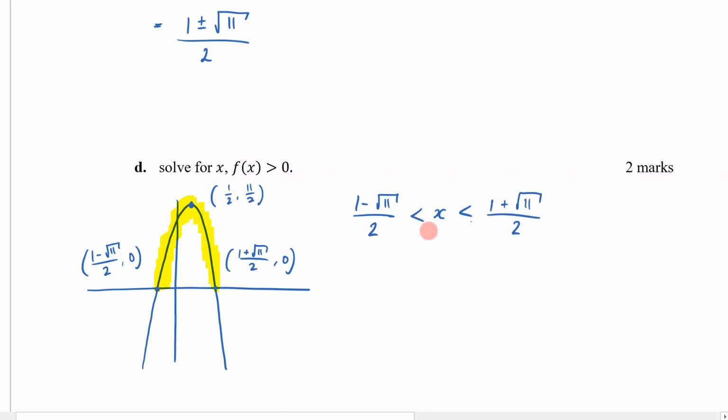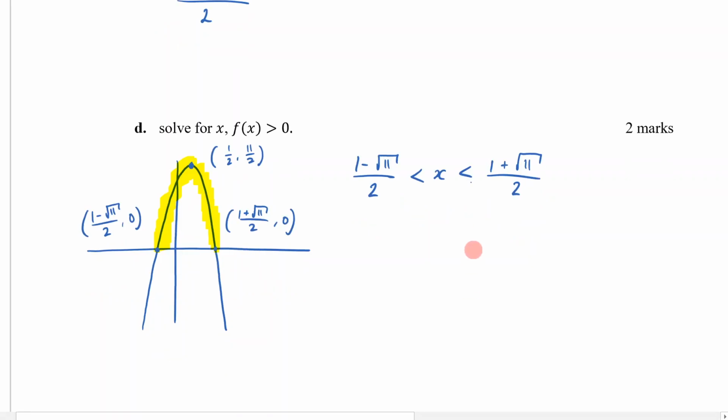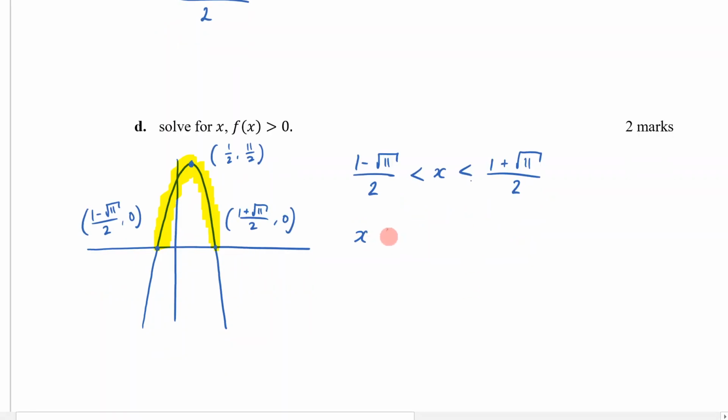It's important that you don't put equals to as well, because it's only where it's greater than 0, not also equal to. And another way of saying this that people might prefer is saying that x is an element of, not including, but between 1 minus the square root of 11 on 2 to 1 plus the square root of 11 on 2. So either of those would be the correct way of saying that, just different notation.